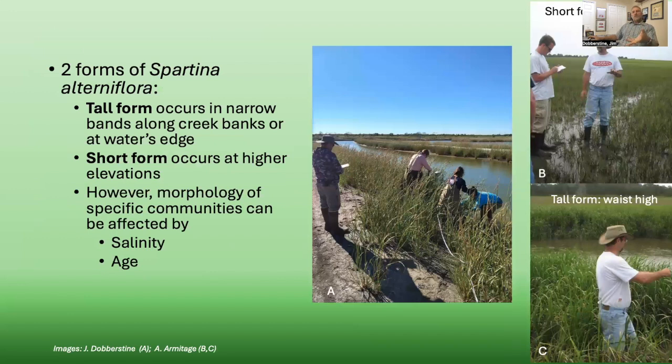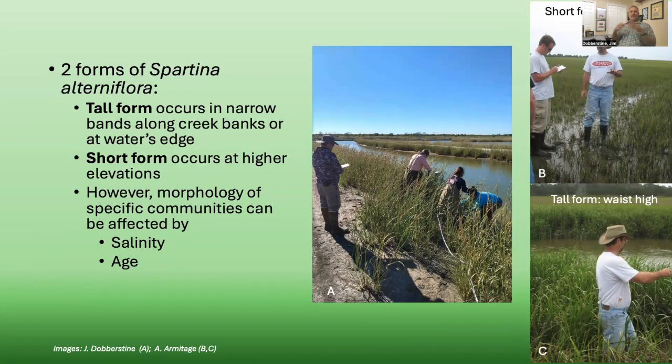There are two different common physical forms of Spartina alterniflora that occur in Galveston Bay. There's a tall form and a short form. The tall form tends to occur in environments that are less saline, so more freshwater environments. And so you tend to see these more along creeks, streams, and even some bayous that are in the upper part of the bay where salinities tend to be lower.